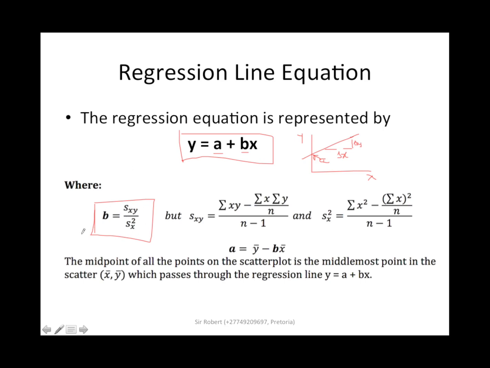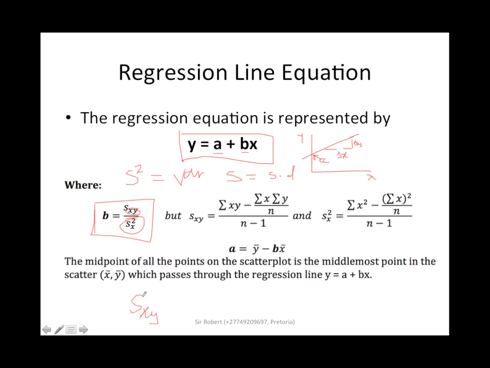So remember, s squared is equal to variance, and s is equal to standard deviation, SD. So when you see an s squared, it means it's the variance of x, but this one is the covariance of x and y. What we mean, covariance is like the variance when you combine x and y.